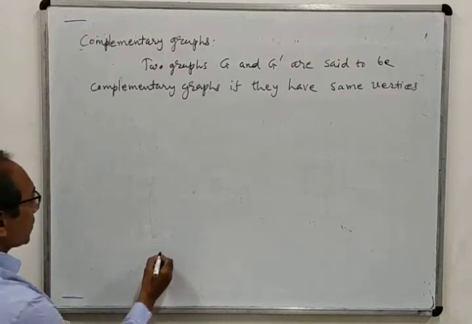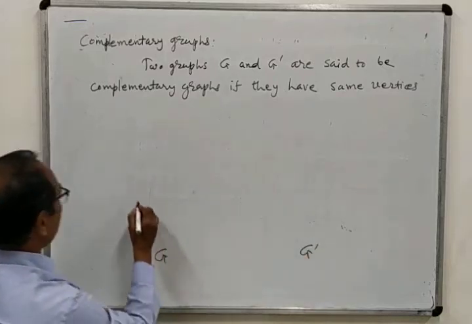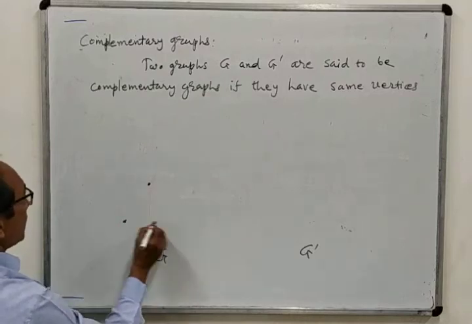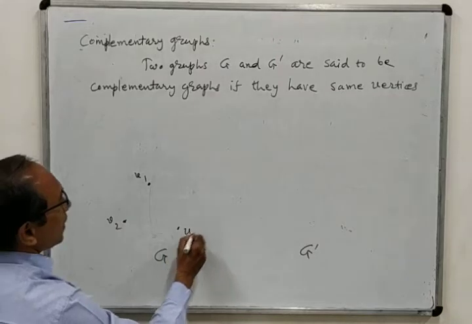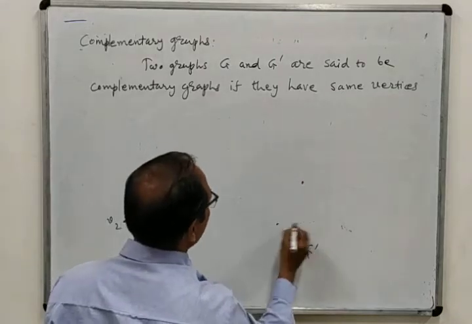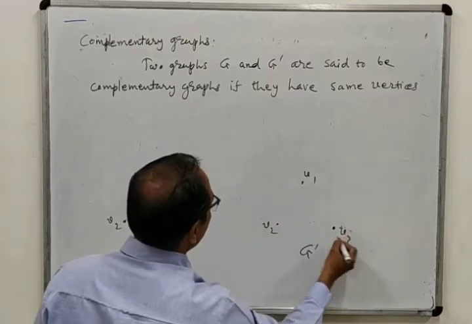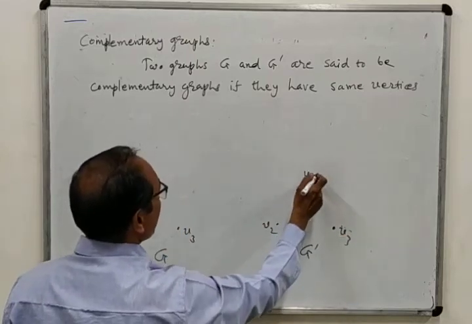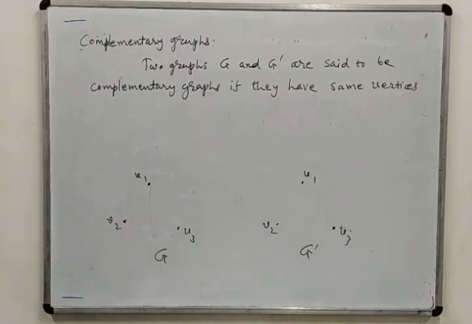That means, suppose I take 2 graphs G and G dash. Suppose it has 3 vertices, say V1, V2 and V3. Then the same vertices must also be there in G dash, that means V1, V2 and V3. If we denote them by V1 dash, V2 dash, V3 dash, then they are not said to be the same vertices.